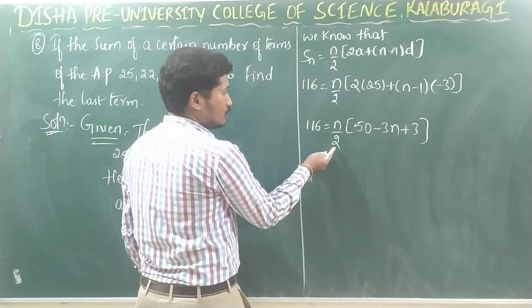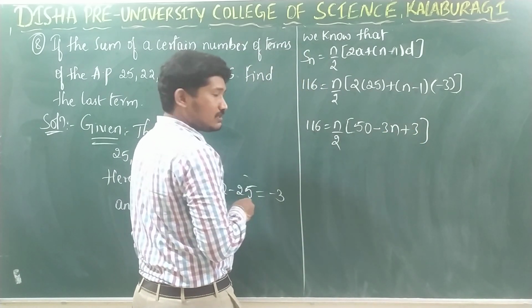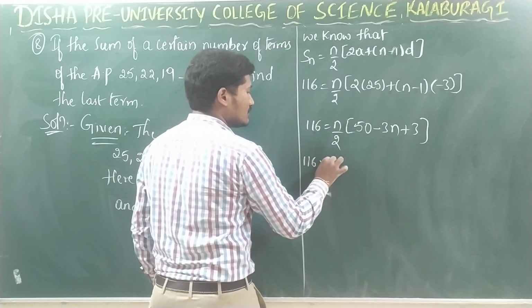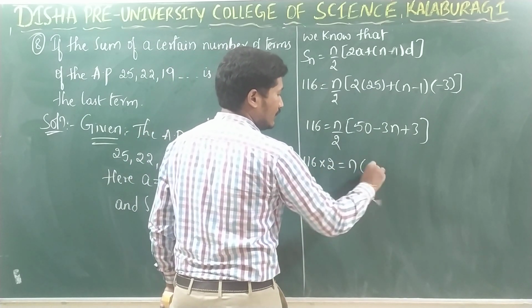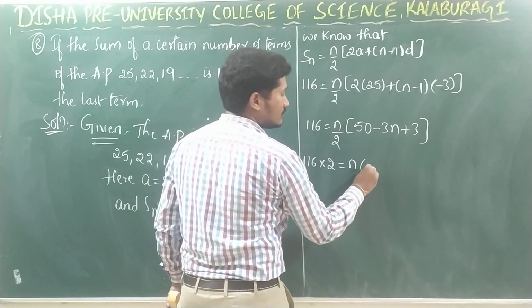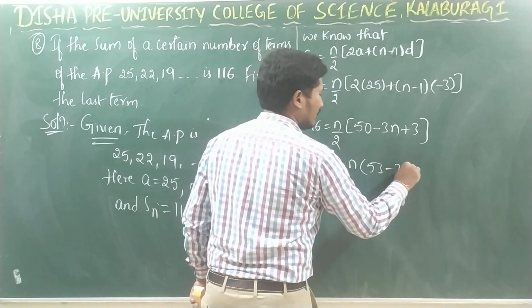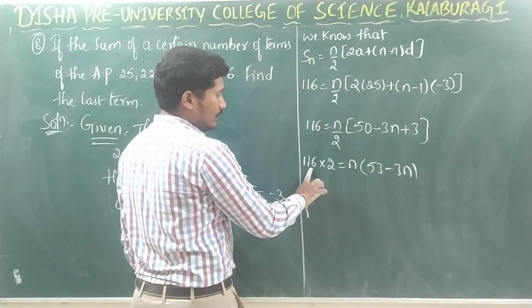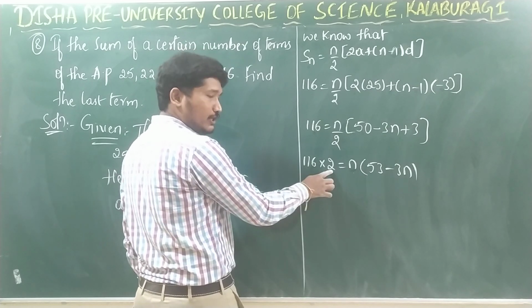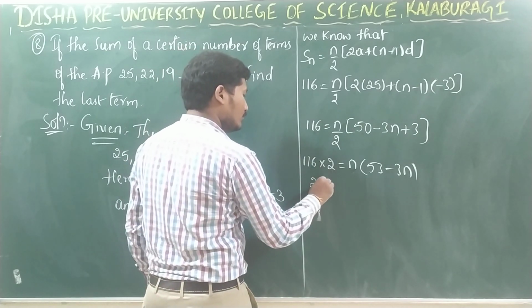Right? So now transfer this 2 to the LHS. It will be 116 into 2 is equal to N into 50 plus 3 is 53 minus 3N. Right? When you multiply 116 by 2, the value you get is 232.